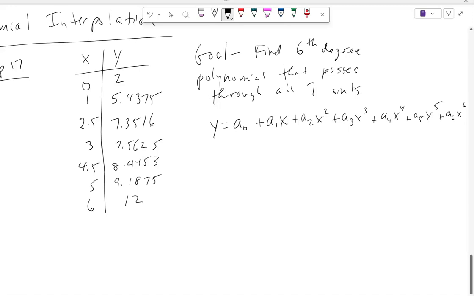Okay. Using subscripts rather than different letters for the coefficients. I need to figure out a0, a1, a2, all the way up to a6. I have 7 things to find. I need 7 equations. How can I use the 7 data points to get me the 7 equations?